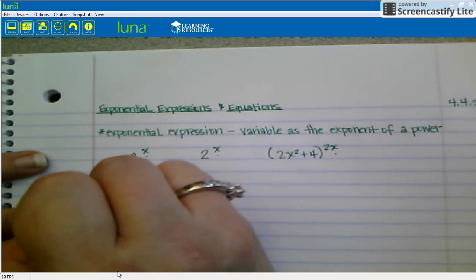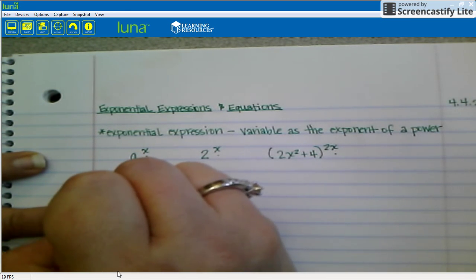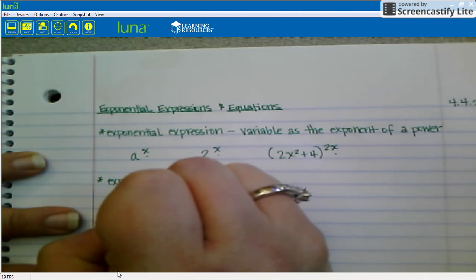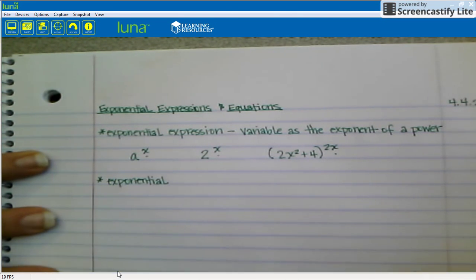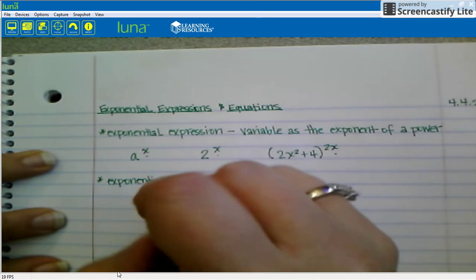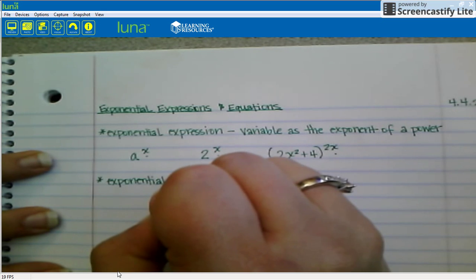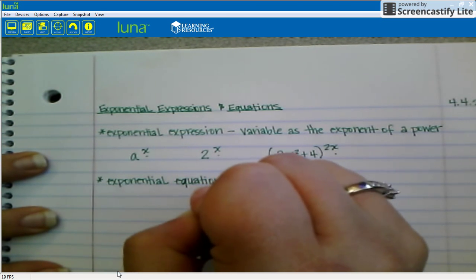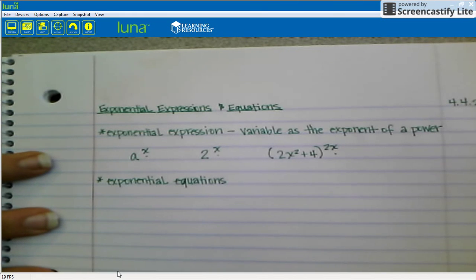And with exponential expressions, we deal with exponential equations. Exponential equations rely on your understanding and recollection of the laws of exponents, because they rely on what we refer to as the one-to-one property.